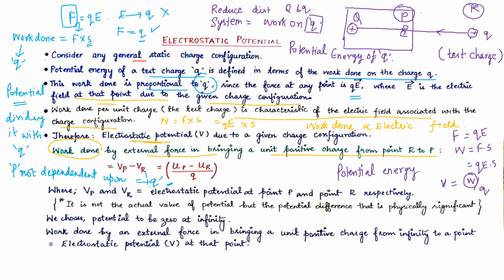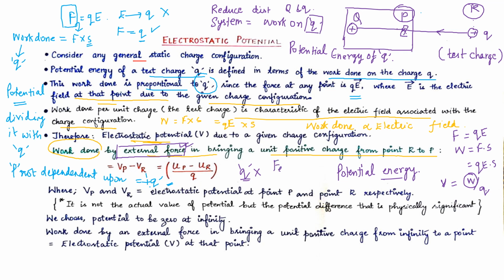Now, work done by external force. Here our small q is not doing any work. No work is being done by the small q. Work is done by the external force.